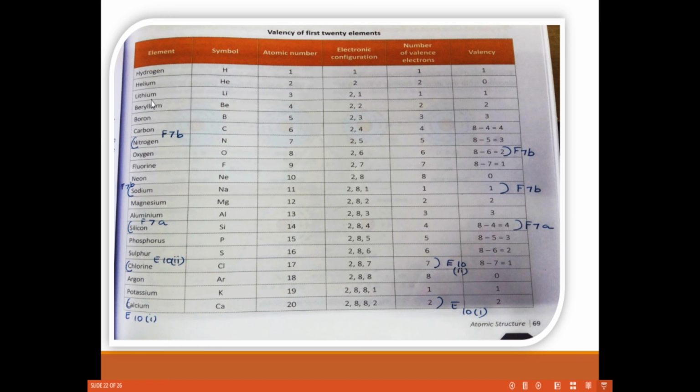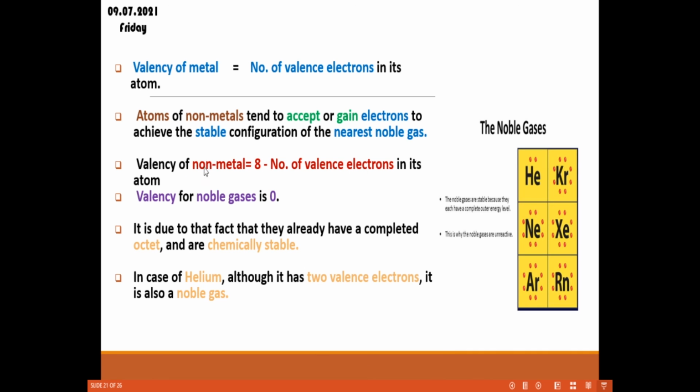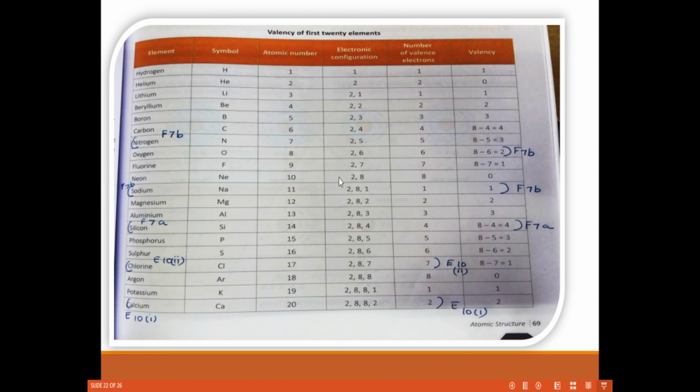And then lithium 1, number of valence electrons 1. Like that beryllium 2, boron 3. Carbon, nitrogen, oxygen, fluorine are non-metals. So that means 8 minus the number of valence electrons in the atom. We have to use this 4, 5, 6, 7 only. Here also 4, 5, 6, 7: silicon, phosphorus, sulfur, chlorine.